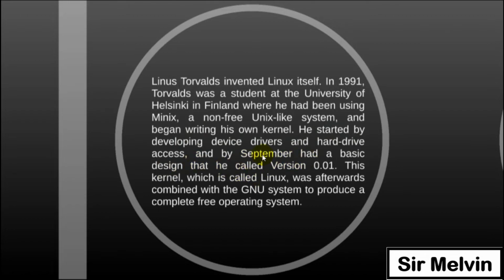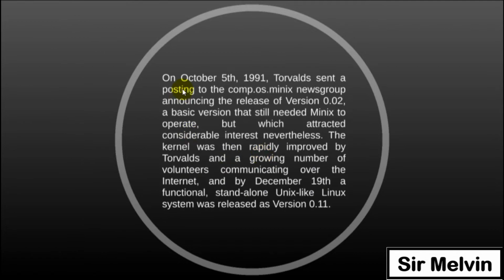Okay. On October 5, 1991, Torvalds sent a posting to the Minix newsgroup announcing the release of version 0.02. So there is another version of Linux. This version 0.02 was a basic version that still needed Minix to operate, but which attracted considerable interest nevertheless.